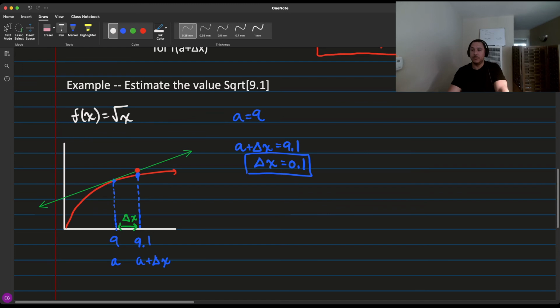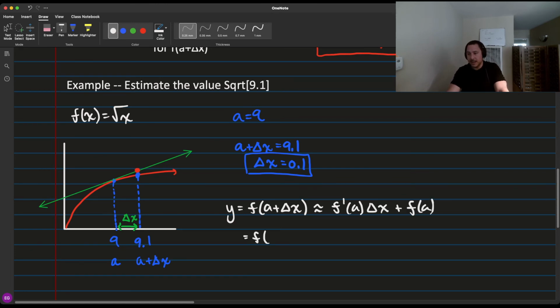Let's use the formula. The f of a plus delta x that we want to approximate is very close to f prime of a times delta x plus f of a. We want to approximate 9 plus 0.1, so we need to plug 9 into our derivative, multiply by 0.1, and then add the value of the function at 9.